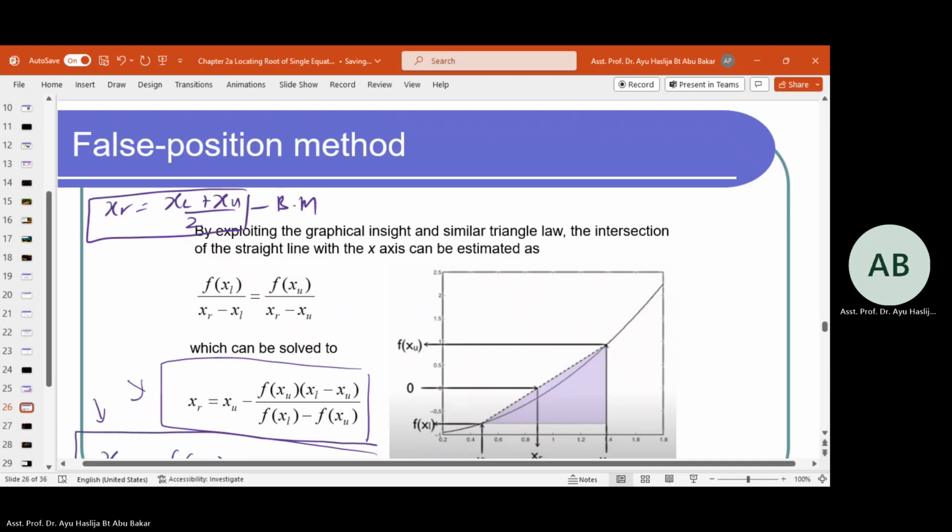This one. Just to confirm that you will get the same answer. Get the same answer, Alif?